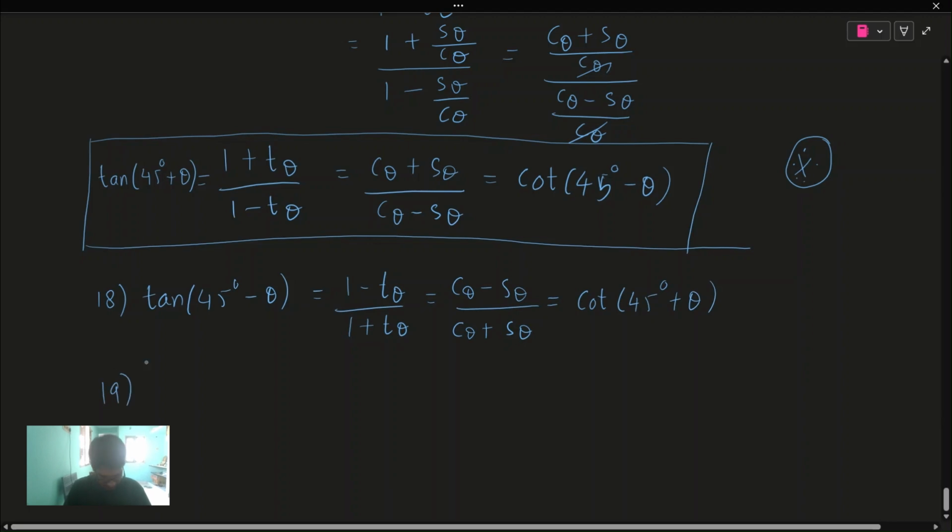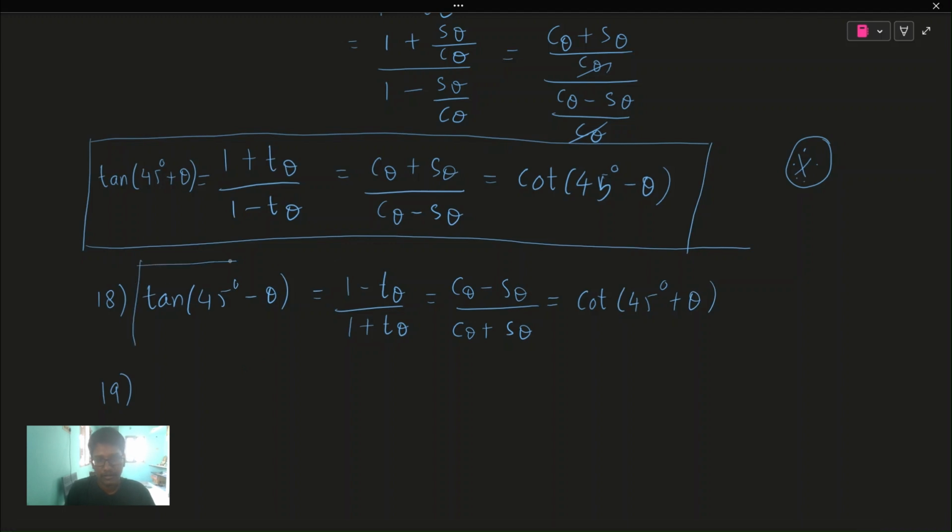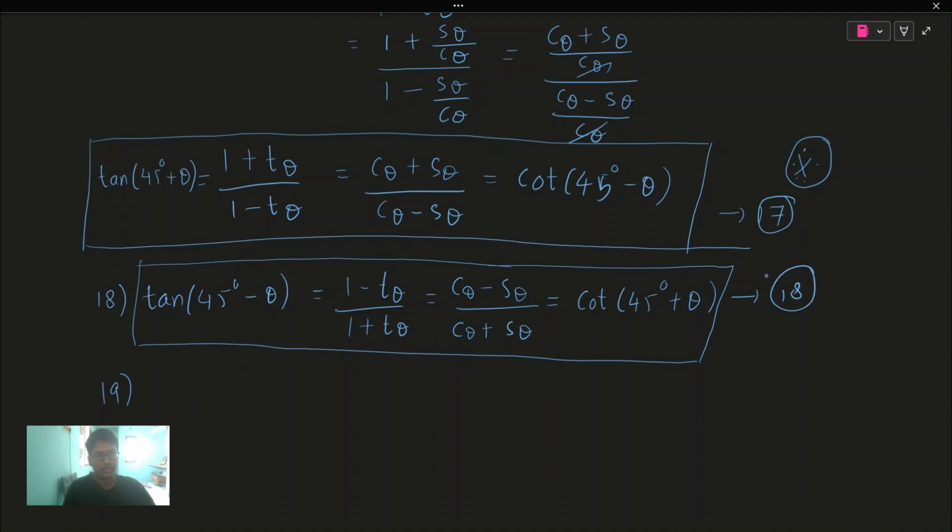So there is also a popular thing. You can easily visualize from these two equations, equation 17 and equation 18, that the numerator of the 17th equation will be the denominator of the 18th equation, and the denominator of the 17th equation will be the numerator of the 18th equation.